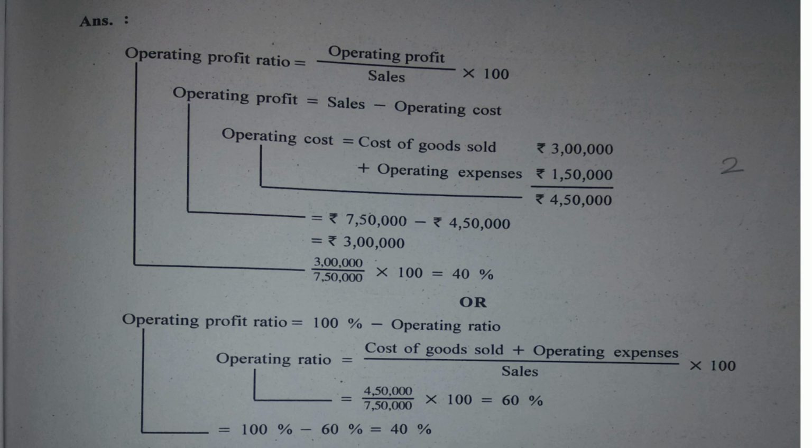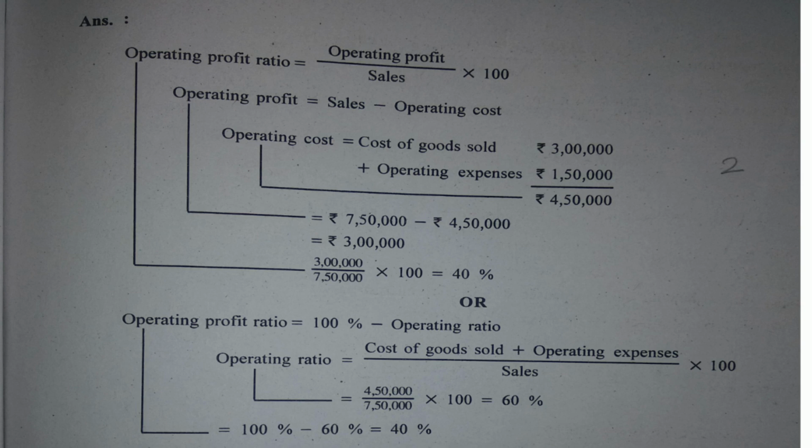Now an option to this. Operating profit ratio equals 100% minus operating ratio. This is an optional formula for obtaining operating profit ratio. You may please write down this formula while writing all the formulas in your book.